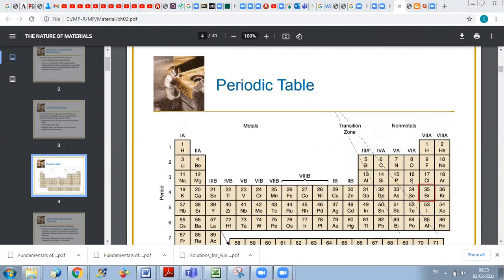So if I want to represent Br2, I will put 2 atoms, and each Br atom has 7 valence electrons. What will be the type of bonding between the 2 Br atoms? Yes, exactly.